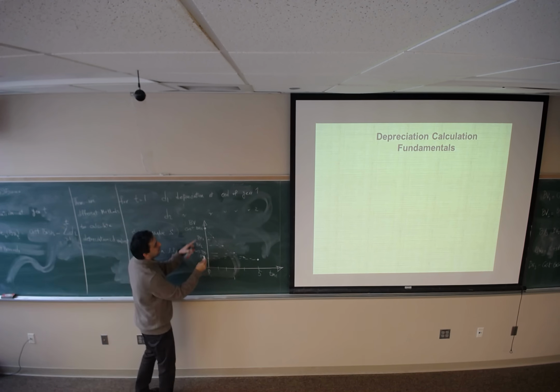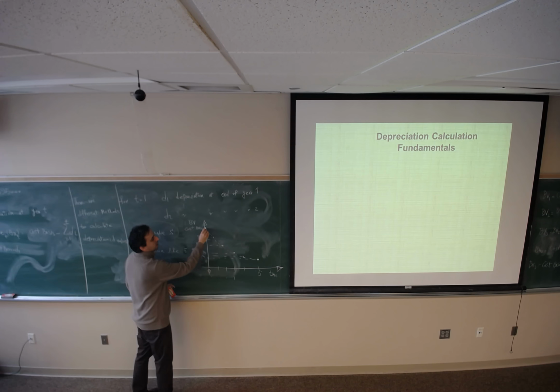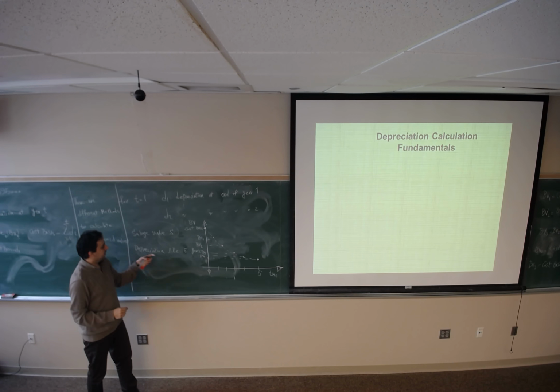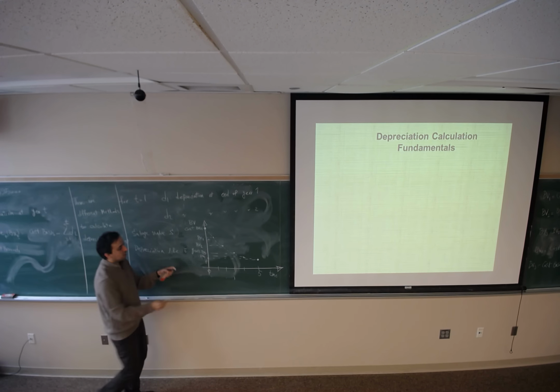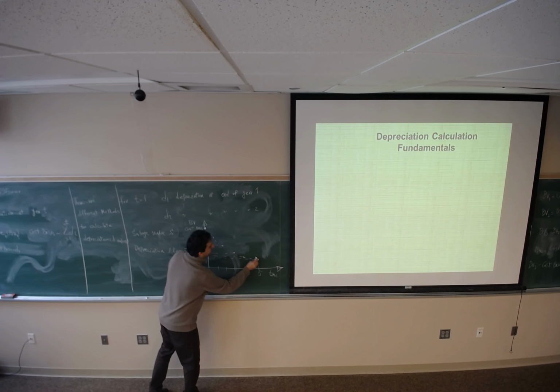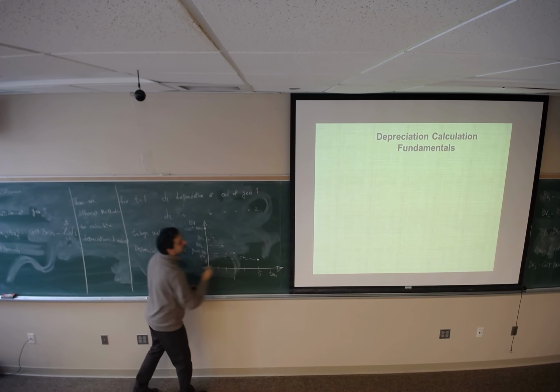In all methods, at year 0 we start from cost basis, and at the end of depreciation life we end up at the salvage value. So we start from here and end up at this one.